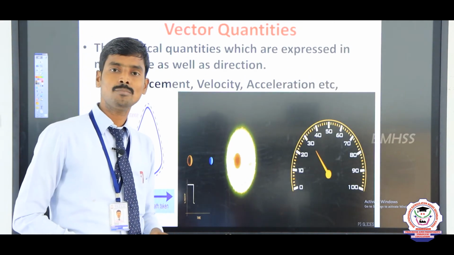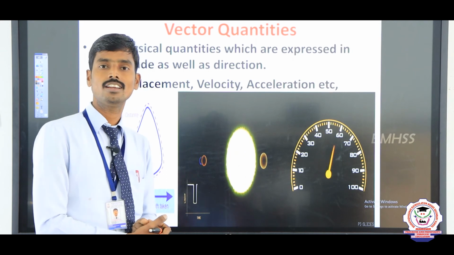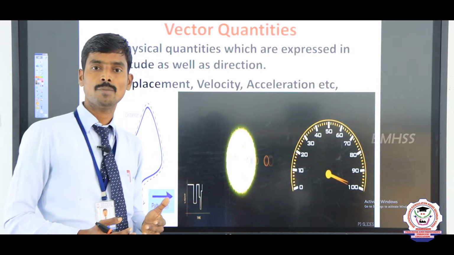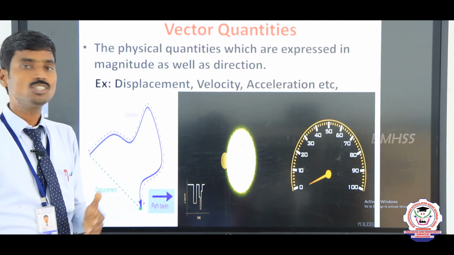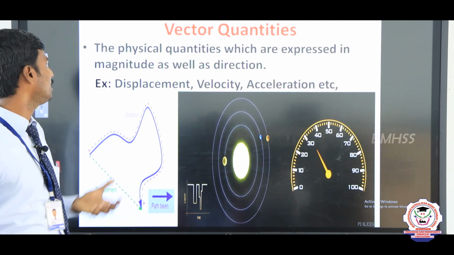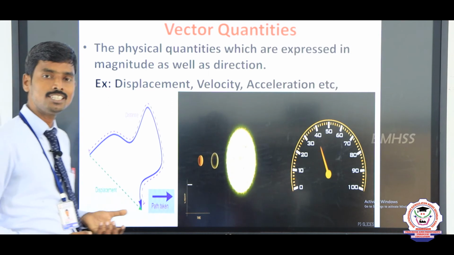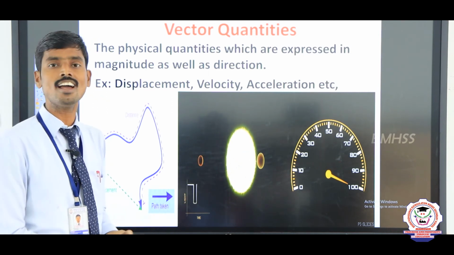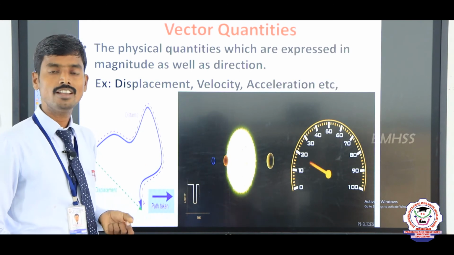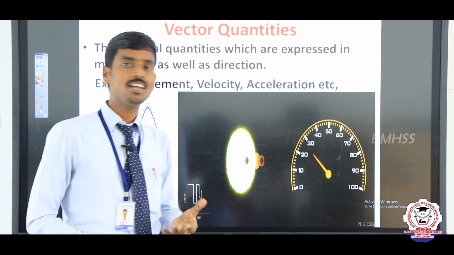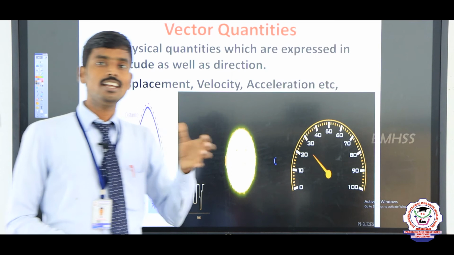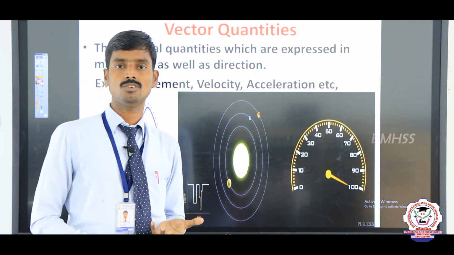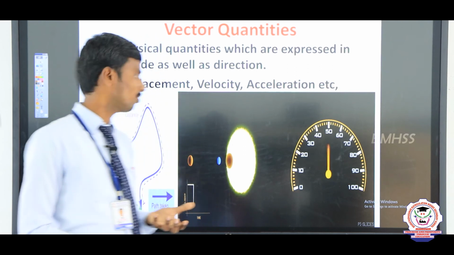A vector quantity is any physical quantity that can be explained by magnitude as well as direction. Examples of vector quantities are displacement, velocity, acceleration, impulse, force, and so on. The vector quantity is any physical quantity that possesses magnitude as well as direction. This is the definition for vector quantity.